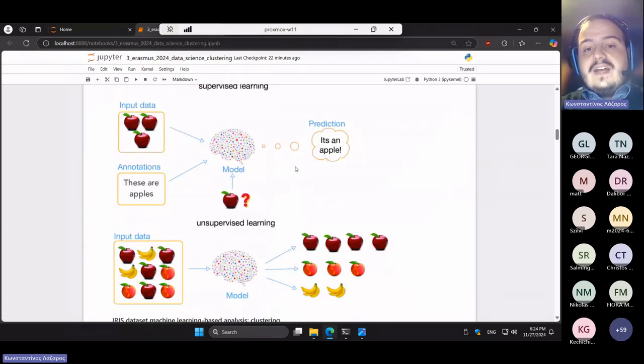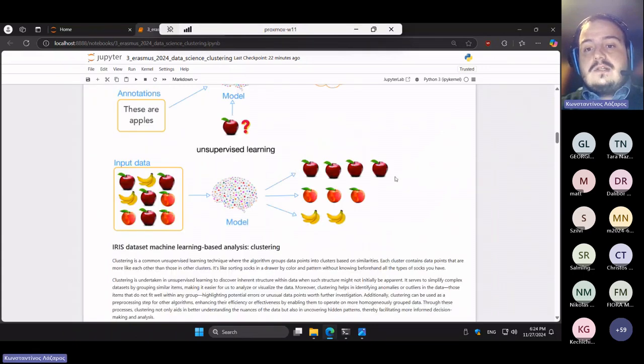On the other hand, we have unsupervised learning. In the context of unsupervised learning, what we want to do is get some input samples, ignore the ground truth completely, even if it exists or not, and try to group these samples, for example these fruit, into specific distinct categories. It doesn't matter how these categories or groups or clusters are actually named. They could be named group 1, 2, 3, A, B, C, whatever.